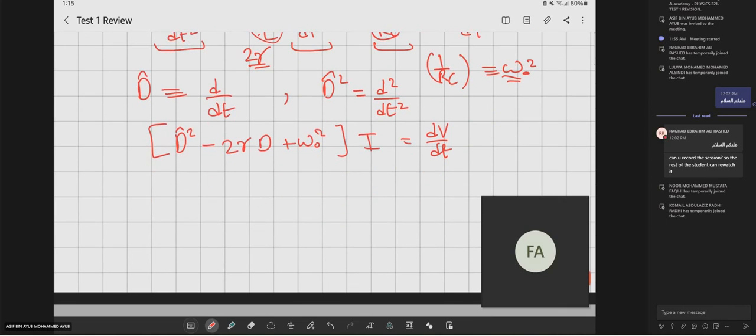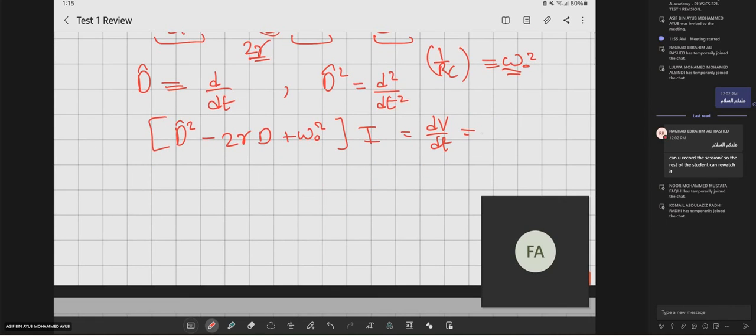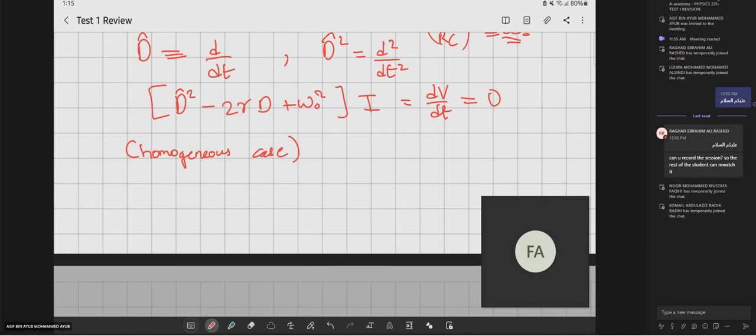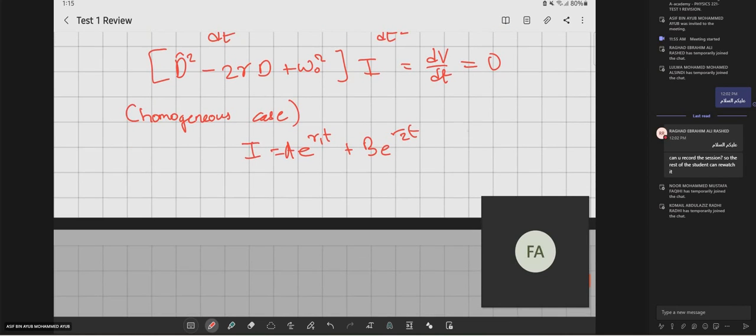Let's suppose that dV/dt is 0, so it's the homogeneous case. The solution in this case is I equals a e raised to r1 t plus b e raised to r2 t, where r1 and r2 are the zeros of this polynomial.